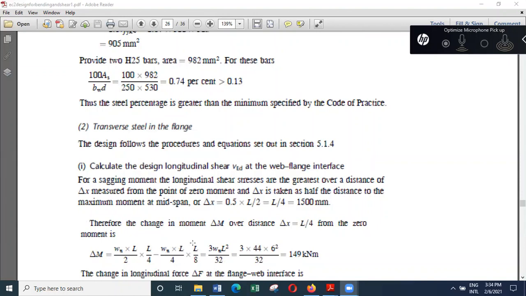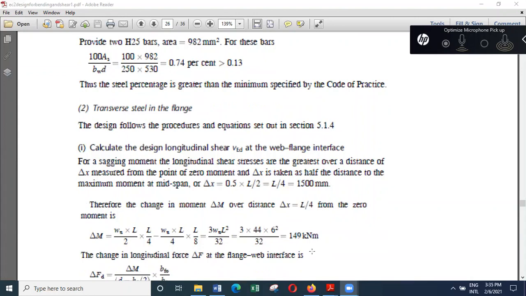That's why you get L by 4 and L by 8. So the final answer is 149 kilonewton meters. So basically, the bending moment changes from 0 to 198 when it comes to the middle point. But when you consider the first quarter, the bending moment changes from 0 to 149.